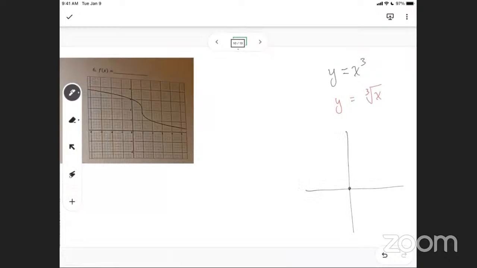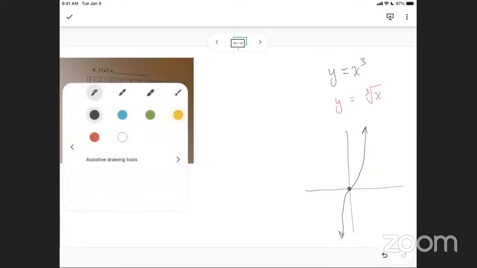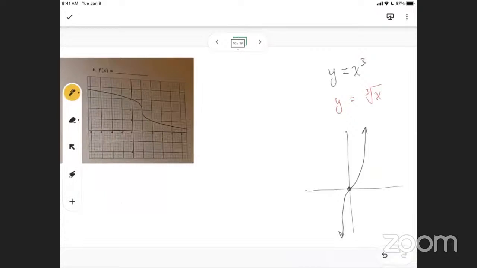The cubic graph would look like this. But a cube root graph is the inverse of that. Let me redo this a little bit because that's not quite right. Remember, a cubic graph goes through (1, 1) and it goes through (-1, -1).